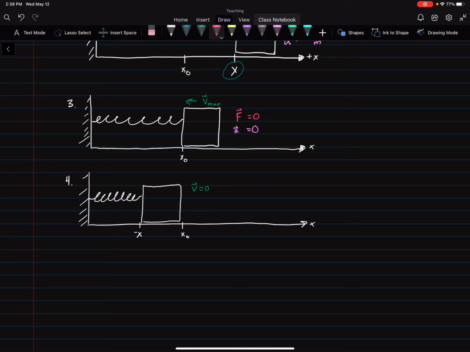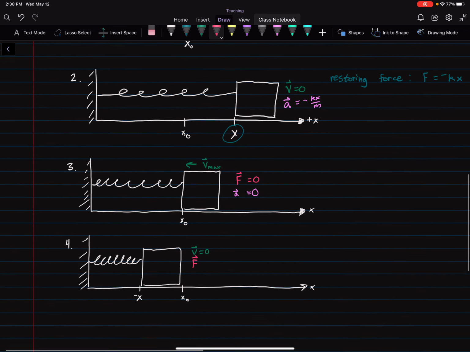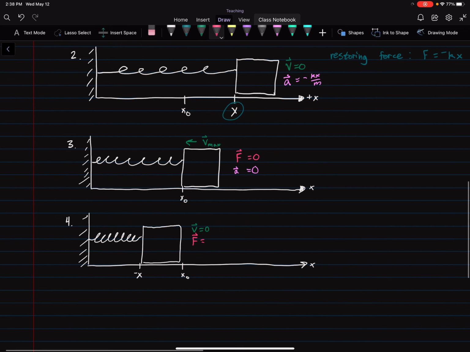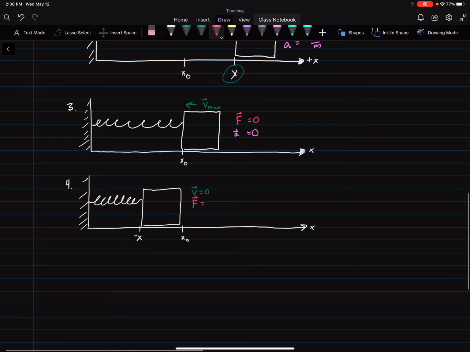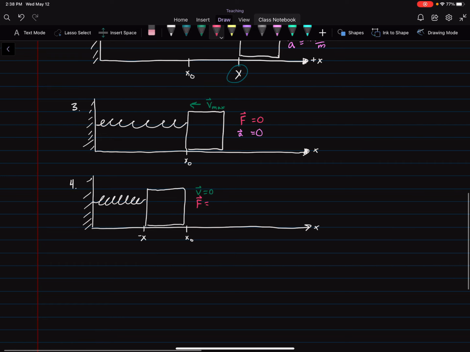The force is now maximal in that direction, but this time it's not negative kx squared. Well, it is negative kx, but you plug in a negative x, so I'll write it like this, right? So that would be positive, in fact, kx. So you have this restoring force this way in the positive x direction, wanting to bring it back towards its resting position again.